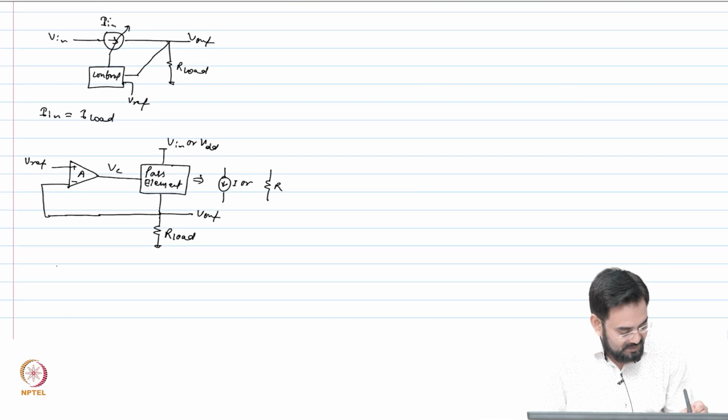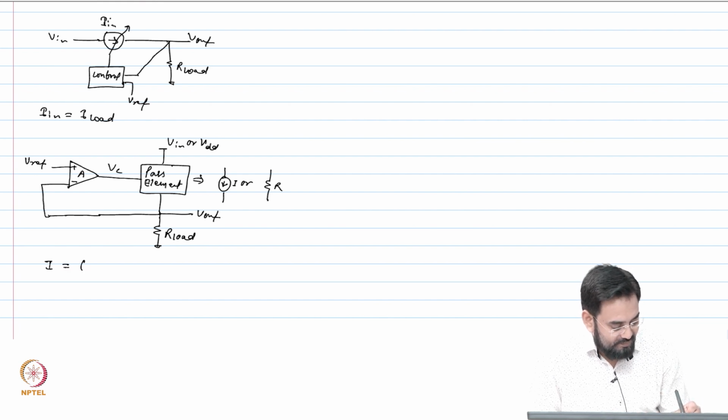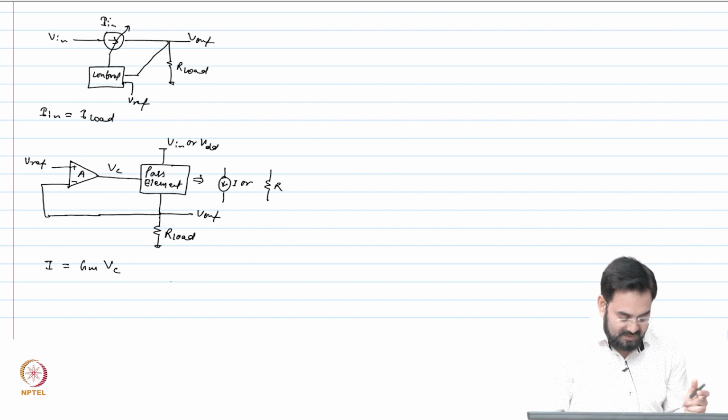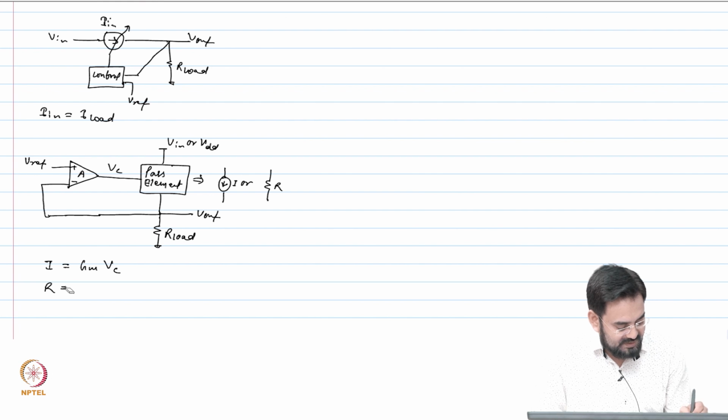So, I is GM of Vc. It is not Vc actually, it depends on V in also, but a small signal will be your Vc. R is equal to, so I will just add a proportionality factor, proportional to Vc.